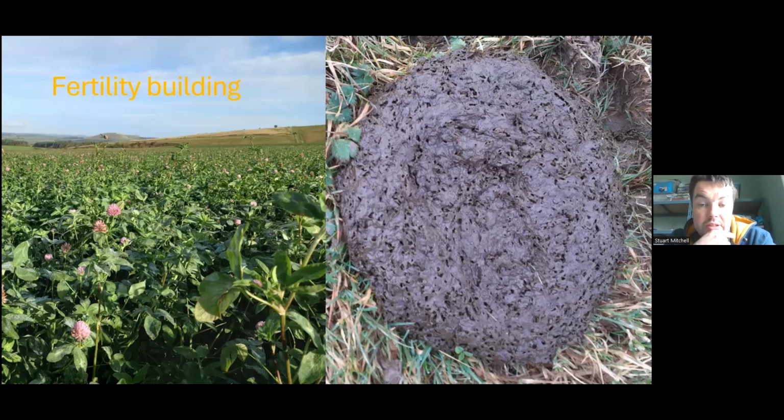When it comes to fertility building, like having muck, which a normal mixed farm would have in a shed, or normally in Scotland anyway, putting muck back out is better than nothing. But having the cows putting the dung there straight out of them, and their urine as well, it's best that those two components are kept completely separate.